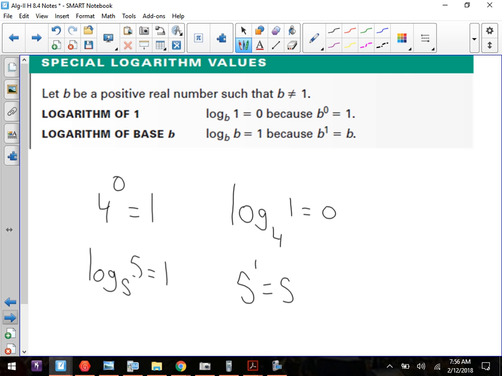It seems very technical, and it is brand new, but for some reason, you guys do pretty well at it. It all stems from these two properties, and if you can remember those, it's all good.